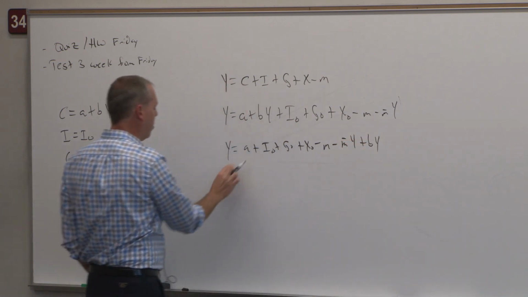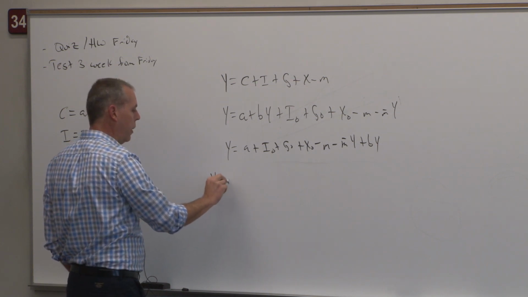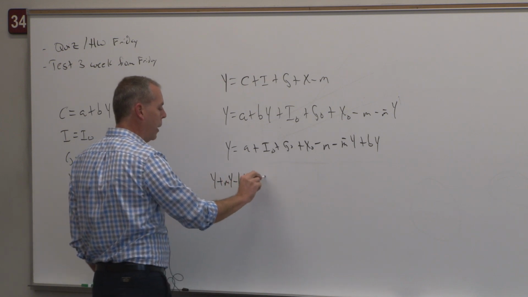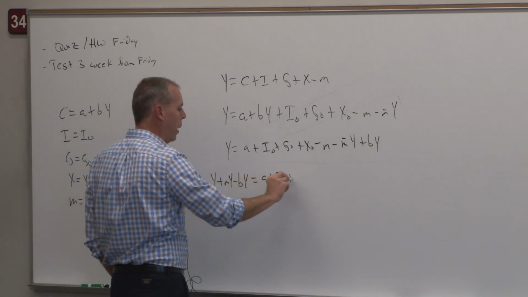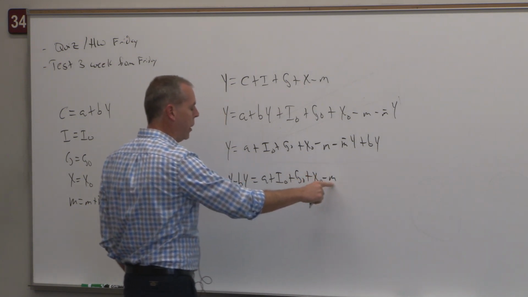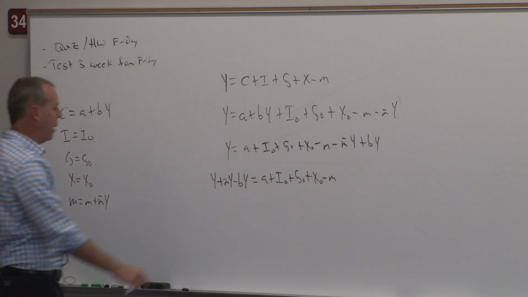But these guys can come over here. Y plus M bar Y minus BY equals A plus I0 plus G0 plus X0 minus m. Remember, little m here is autonomous imports. This M bar right here is our marginal propensity to import. You factor out the Y.